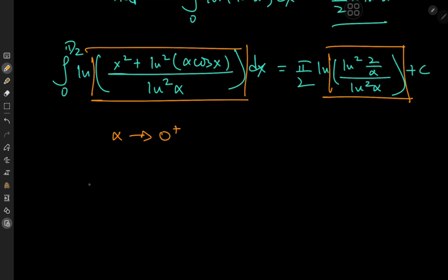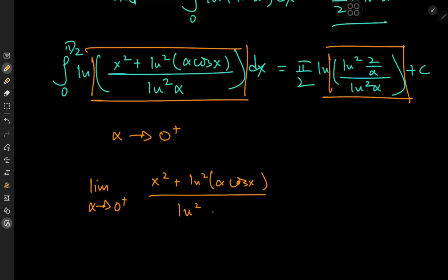What happens over here? Well, the limit as alpha tends to 0 from the right of x squared plus log squared alpha cosine x divided by log squared alpha can be worked out using an application of L'Hopital's rule or two.